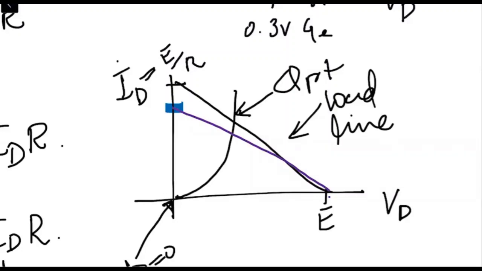If the value of resistance decreases, the slope of the line will be something like this. Are you with me?